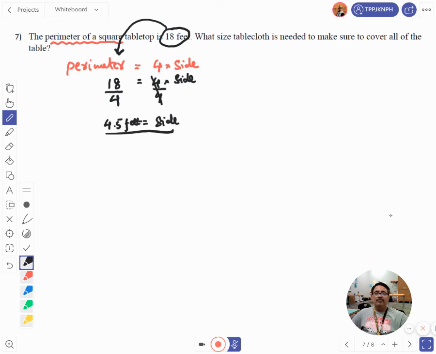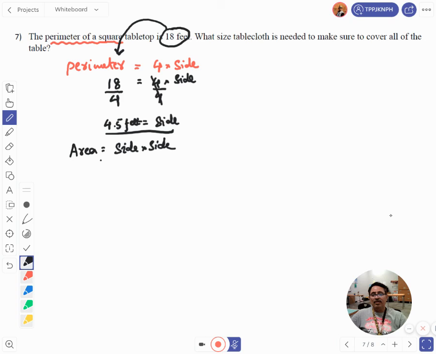Yep, 4.5. And what size tablecloth is needed means, in my previous session also I discussed, let's assume that this is the tablecloth to be placed on the table. Therefore, you have to find the area. The area of a square is side times side.